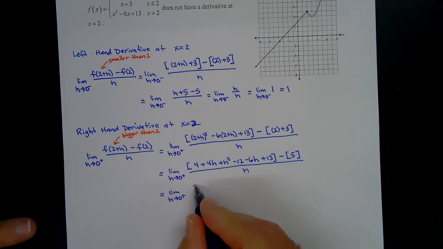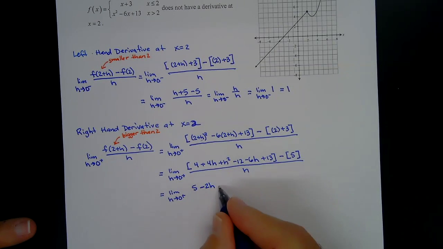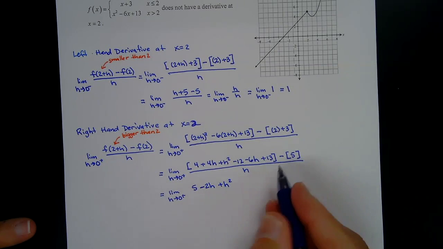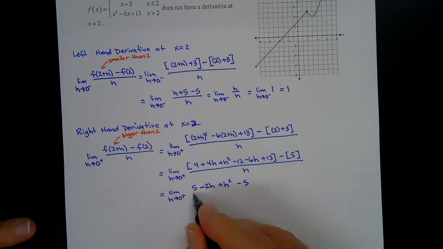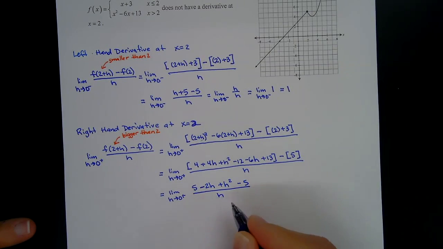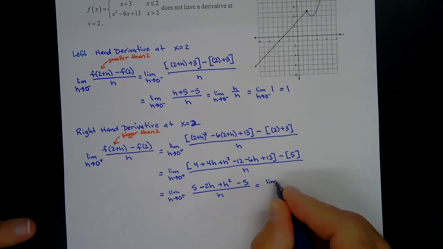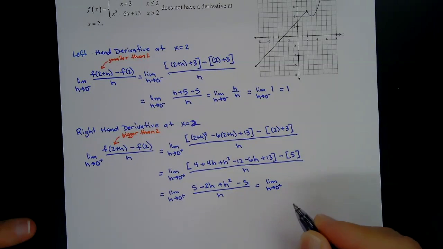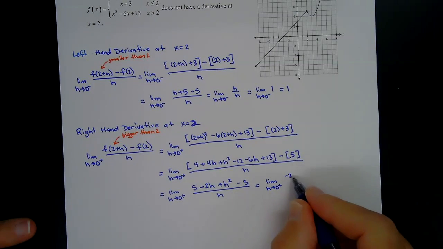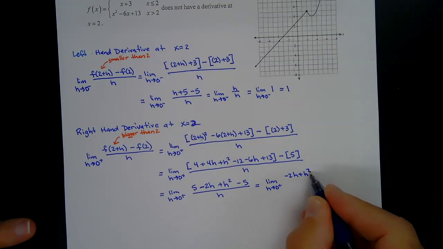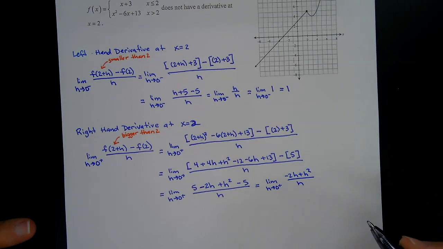So we have 5, and then we have this 4h, and then minus 6h, which gives you minus 2h, and then plus the h squared, and then minus the 5, all over h. So these 5s cancel. So this becomes the limit as h approaches 0 from the right of negative 2h plus h squared all over h.